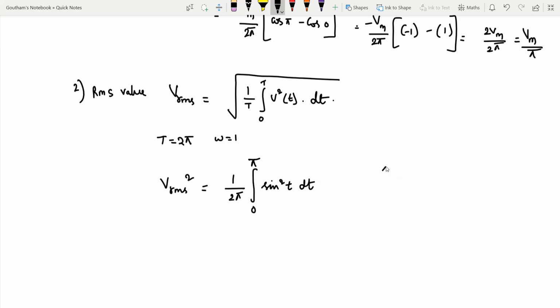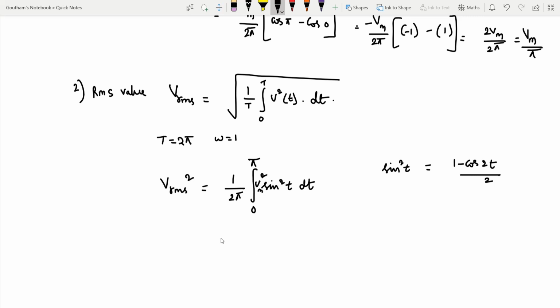Again, if you go to your plus 2 trigonometry basics, it is known that sine square t is nothing but 1 minus cos 2t by 2. This has Vm, so this has Vm square over here. Sorry for that.